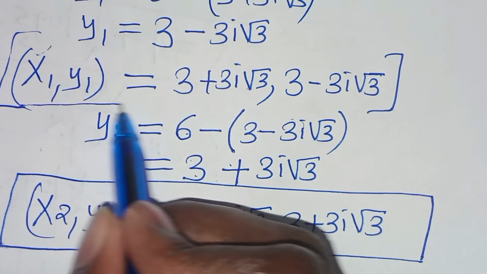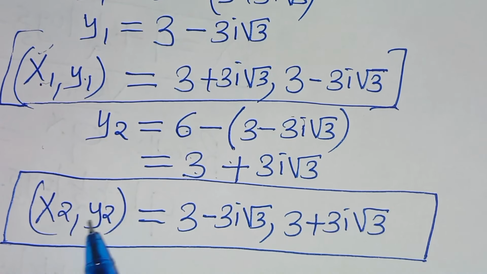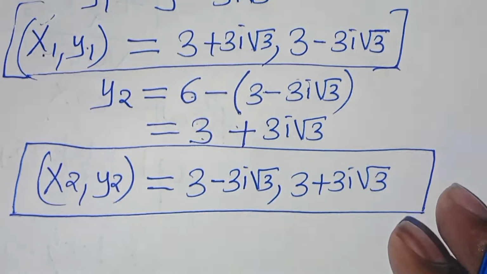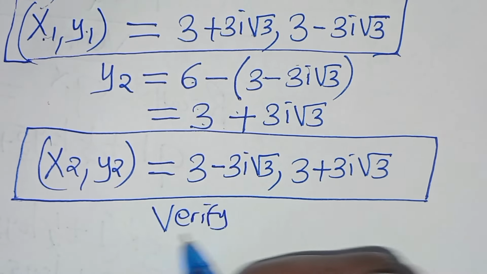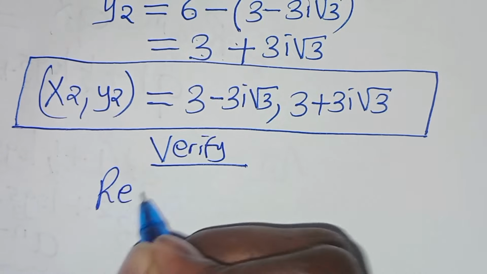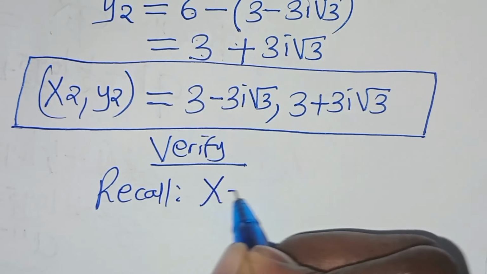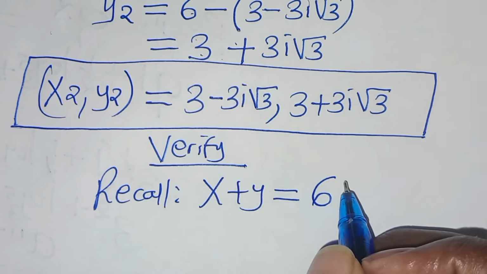So let's verify that x1, y1 and x2, y2 satisfy the equation. Now, if you recall, we have that equation 1 is x plus y. This should give us a value of 6.